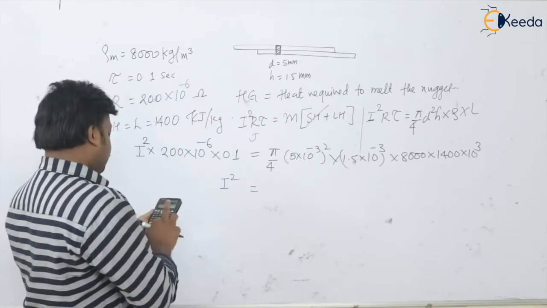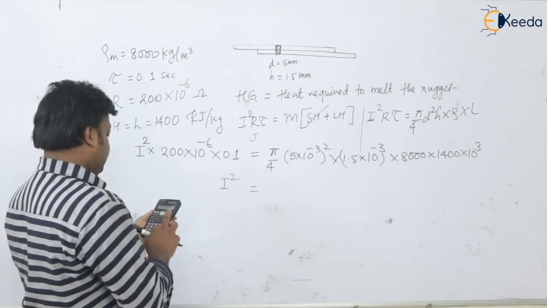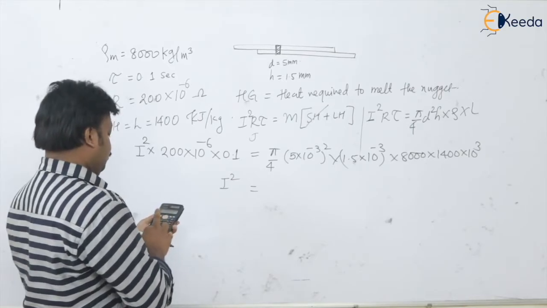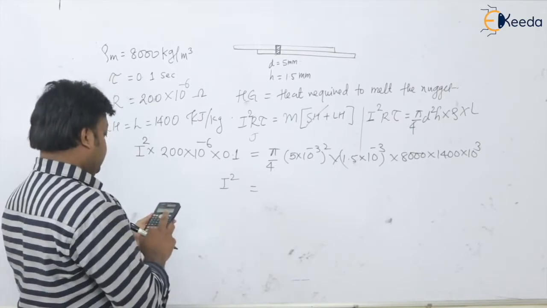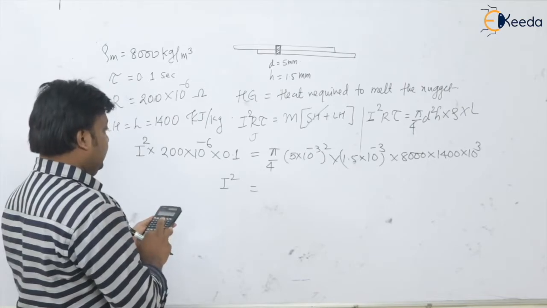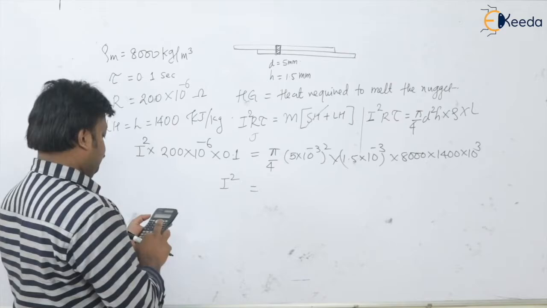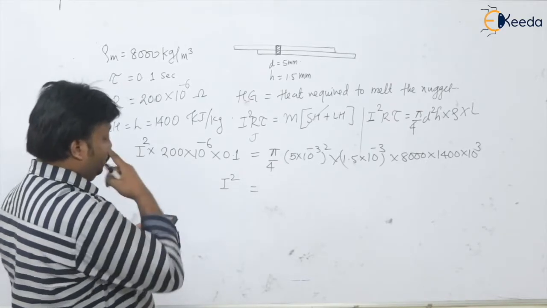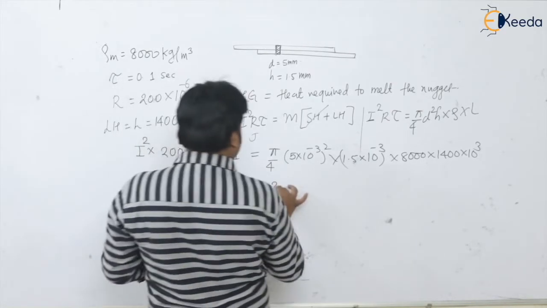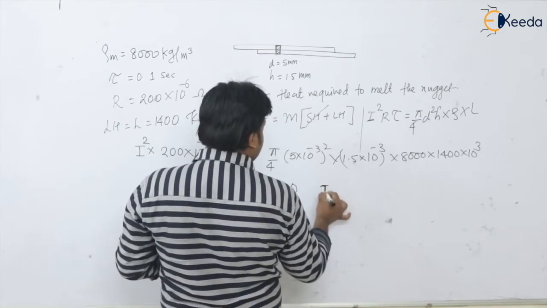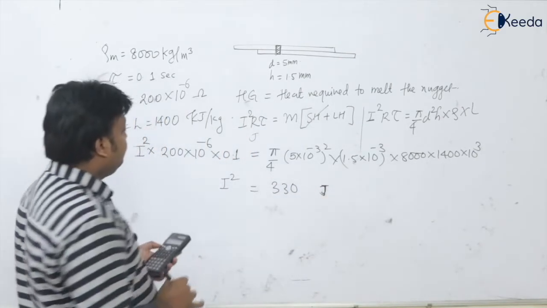So 5 to the power minus 3 square into 1.5 e to the power minus 3 into 8000 into 1400 e to the power 3 into pi divided by 4. So this is coming as around 330 joules, the heat required to melt the nugget.